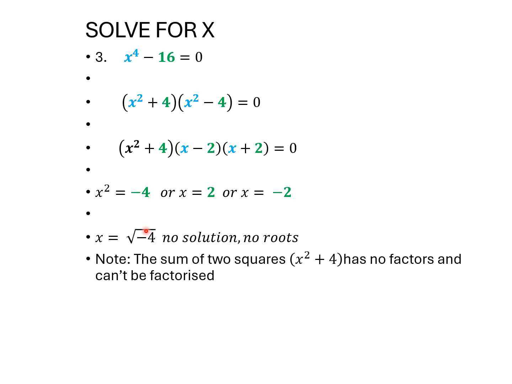So for the square root of negative 4, there's no solution or no roots. And this we're going to do in more detail in grade 11, where we do nature of roots. This forms part of the complex number system, which you don't do at school level currently. So note, the sum of two squares has no factors and can't be factorized. Now let's go to the next problem.